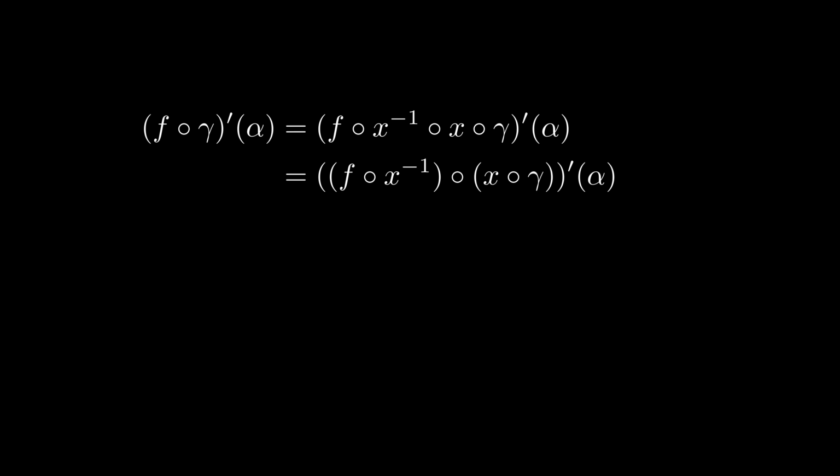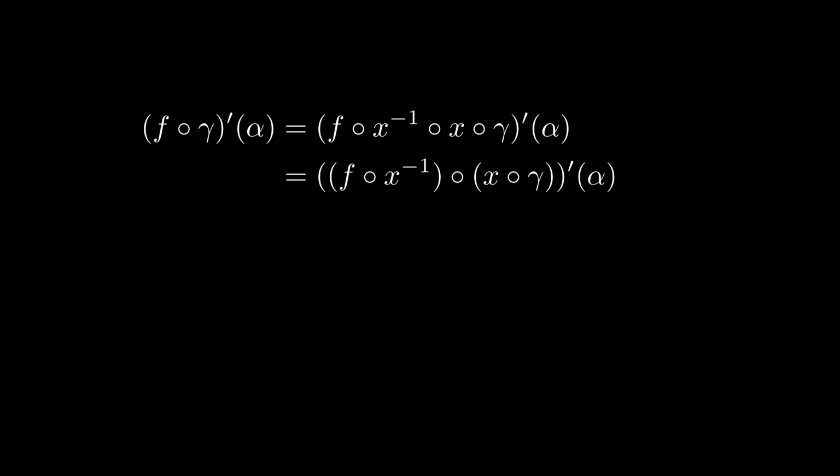To get the components of a velocity vector, we pick an arbitrary chart x and insert it into the derivative. We can do this because x inverse after x is always equal to 1. Then we can make the following groupings because function composition is associative.